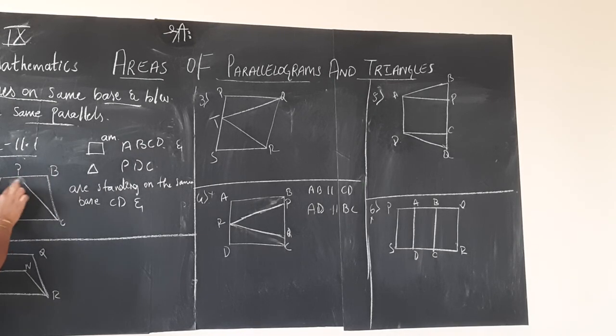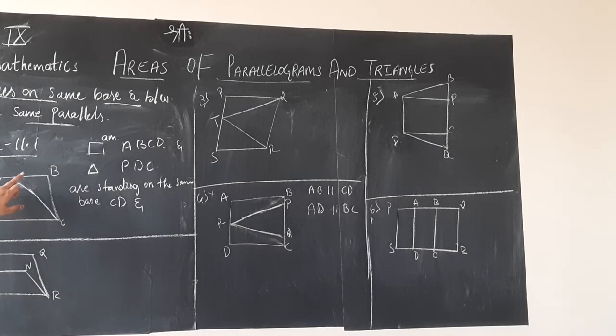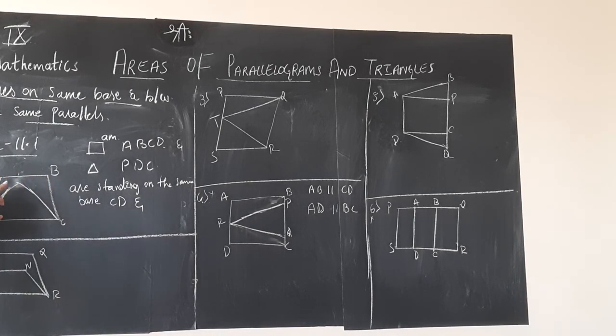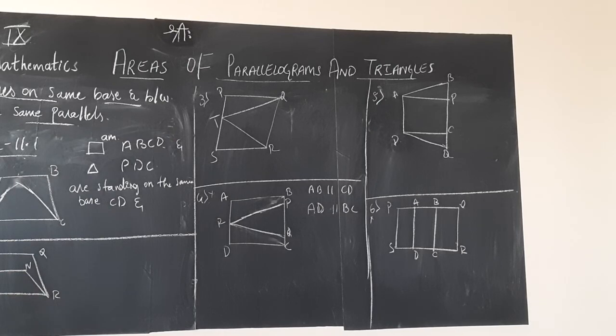Suppose the point P is not lying on the line AB, then we cannot say both the triangle as well as the parallelogram are between the same parallels.